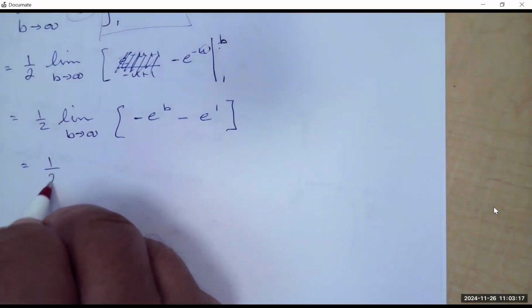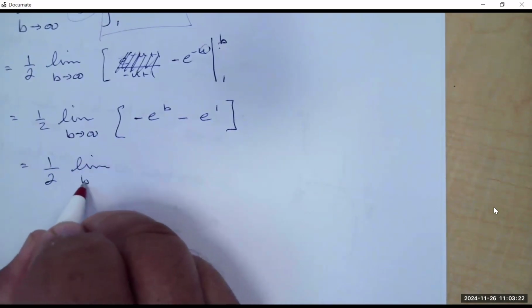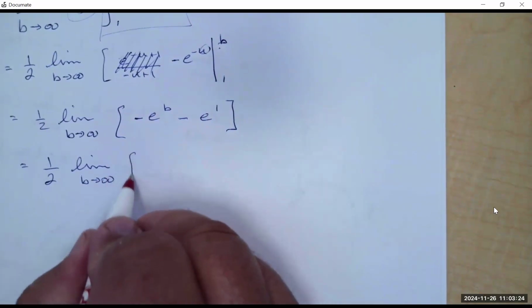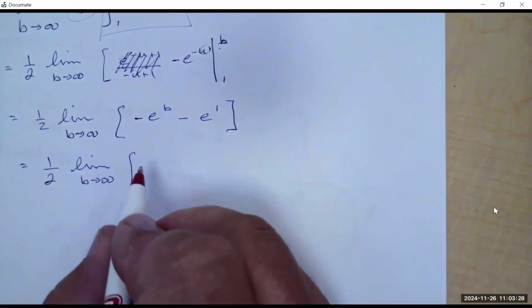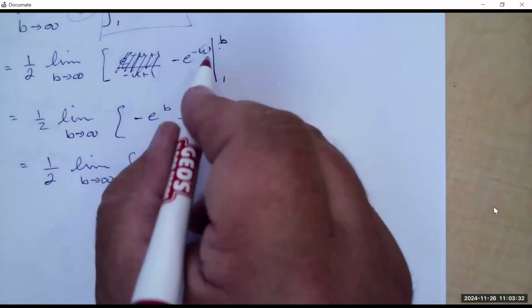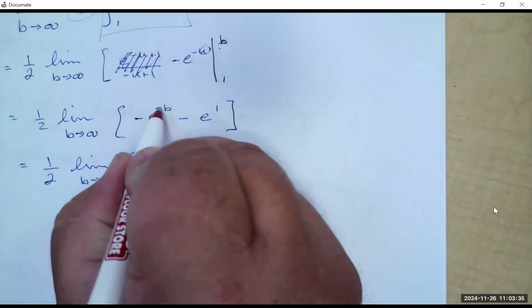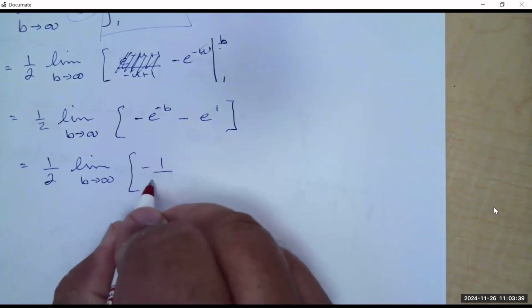So this becomes 1/2 times the limit as b goes to infinity of, that's still a negative, so it's negative 1 over e to the b.